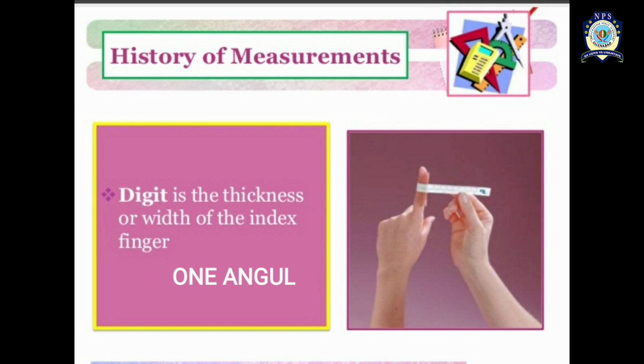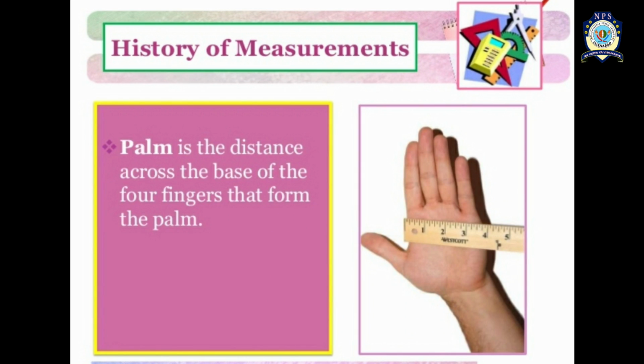The next unit is the digit, and digit is the thickness or width of the index finger, which is also considered as 1 ungal. The next unit used for the measurement by our ancestors is palm, and palm is the distance across the base of 4 fingers that form the palm. So these are some units which were used by our ancestors.